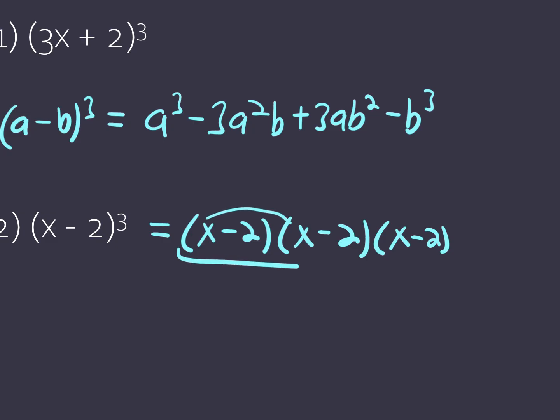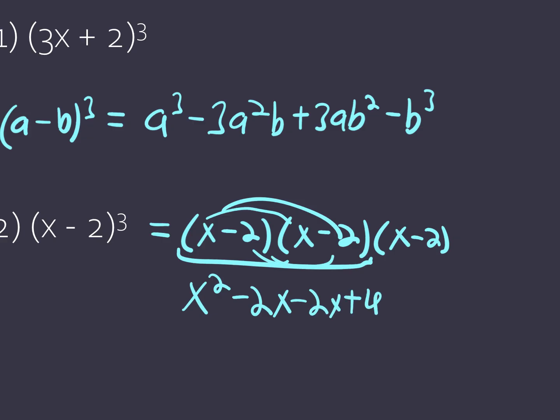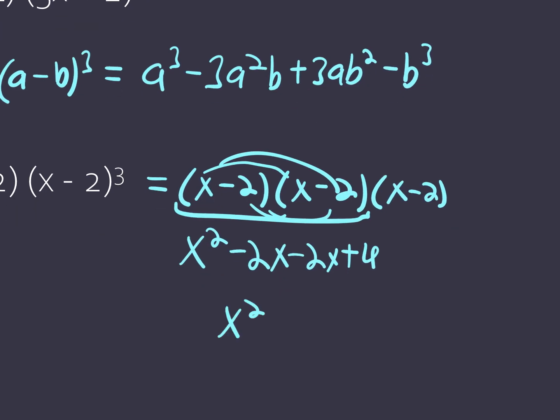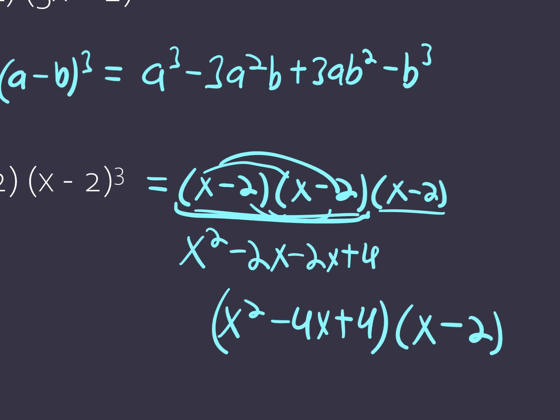You would FOIL 2 of them first and then distribute the next one, right? So if you FOIL the first, you get x squared minus 2x plus 4, which is going to get you x squared minus 4x plus 4. So that's just for two of them, but then you still have this third one. This is going to be x minus 2.